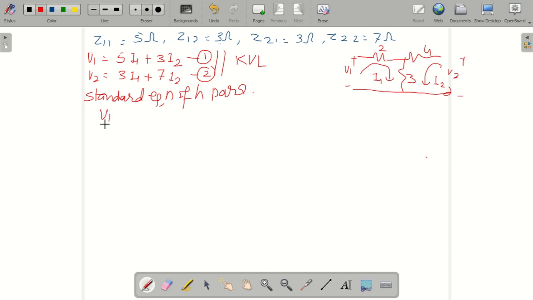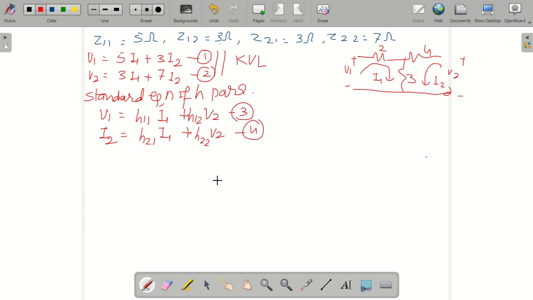V1 and I2 will be represented in terms of I1 and V2. That is the standard parameter. The sign is plus: H11, H12, H21, H22. Equations number 3 and 4. This is the H parameter, right?